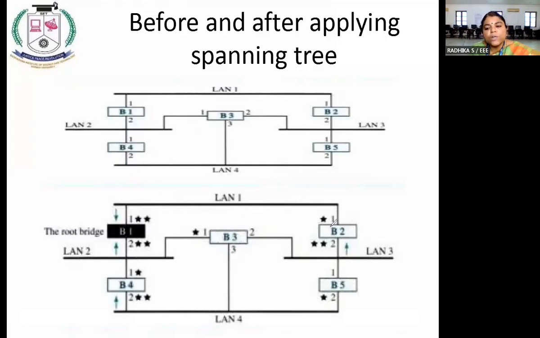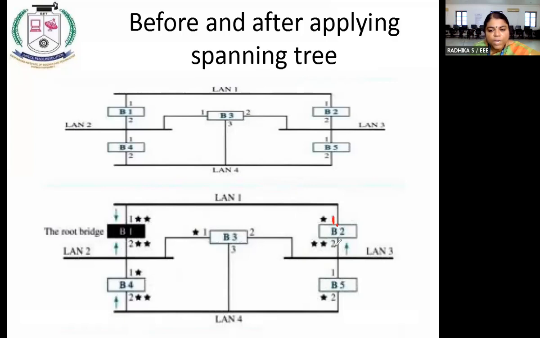Now, if you look at bridge 2, if I have to reach the root bridge from bridge B2, from B2 to B1, I can go through port 1 or I can take the route from port 2. But if I start from port 1, I can reach the root bridge more easily than with port 2.